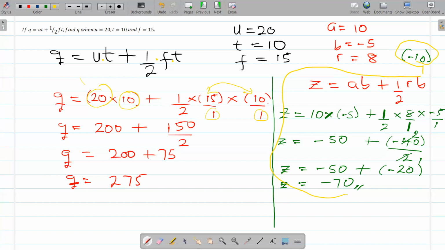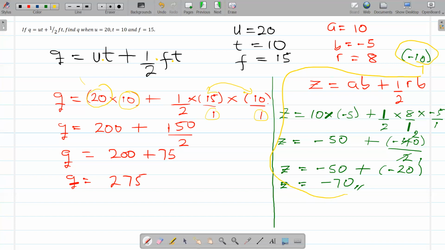So I have 10 times minus 5, plus half times 8. 8 times negative 5, which I got negative 40.